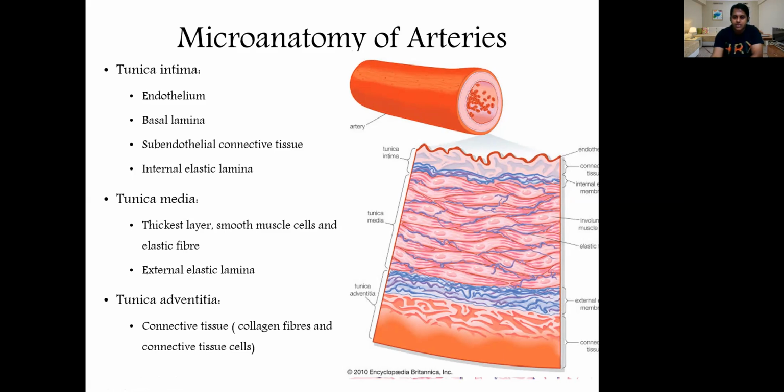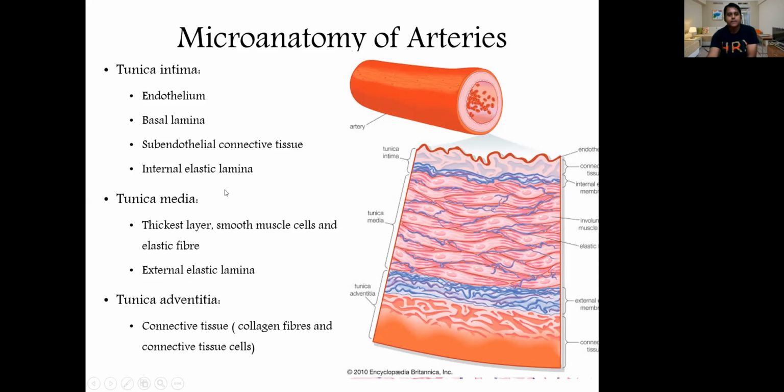And beneath this connective tissue lie the elastic fibers which form the internal elastic lamina. The notable feature is that this internal elastic lamina forms a demarcation between tunica intima and the media. Here you can see this much layer is the tunica intima and this layer is called the tunica media. So wherever you identify an internal elastic lamina, it demarcates the intima from the media.